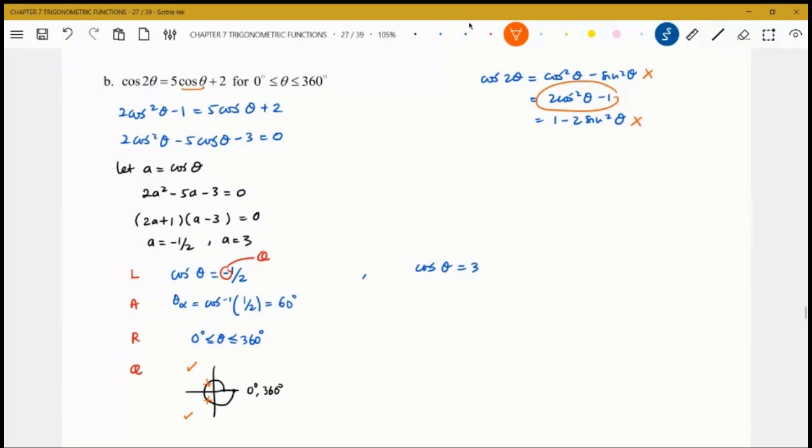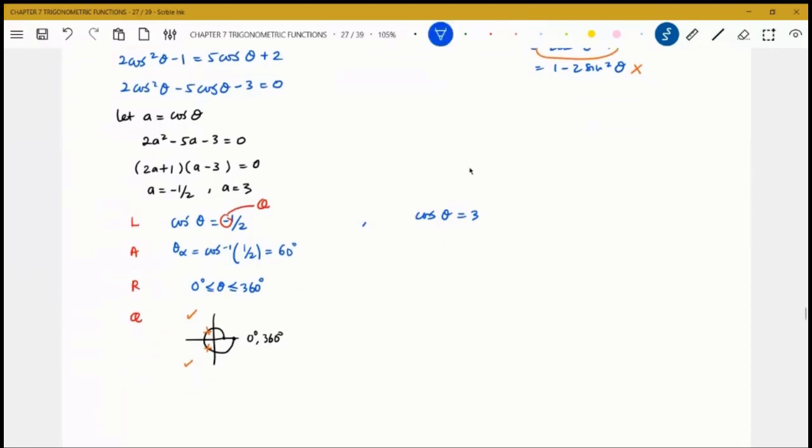So answer kita akan jadi, okay, answer angle yang pertama kita apa? 180 tolak 60. And then on the third quadrant will be 180 plus 60 degree. So di sini akan dapat 120 dan di sini adalah 240. Okay, so that one is the first case.